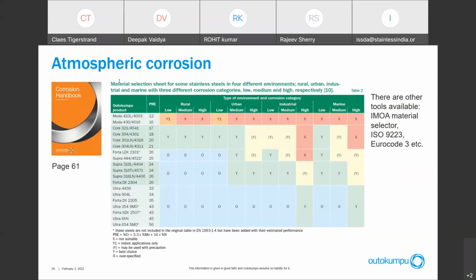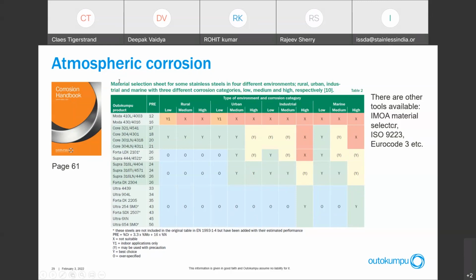If we consider Mumbai close to the shore, this is a very corrosive environment. It's a tropical environment, high temperature. You have airborne chloride coming from the sea, so you can expect it's a marine environment. We can consider it as highly corrosive.